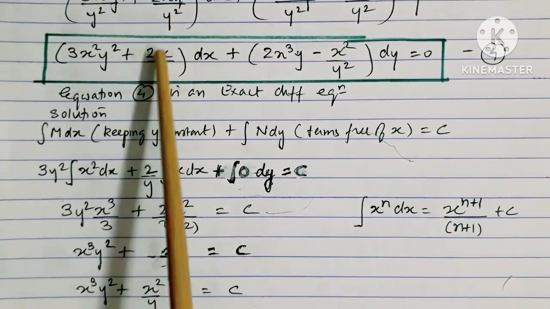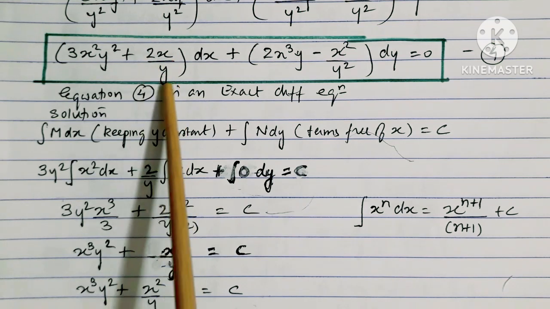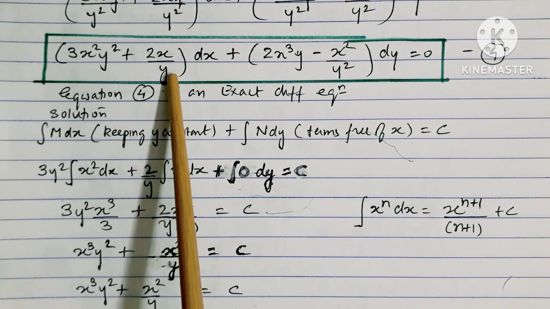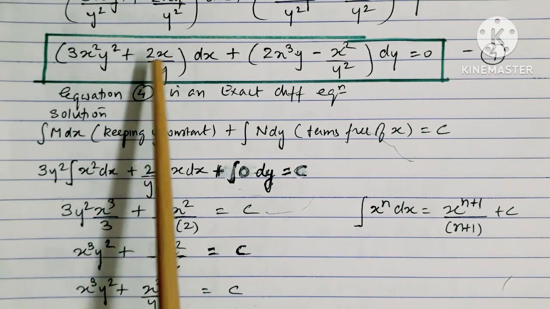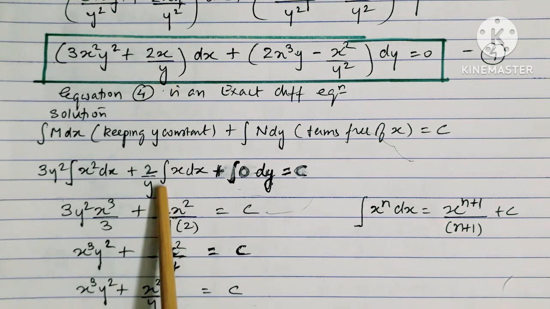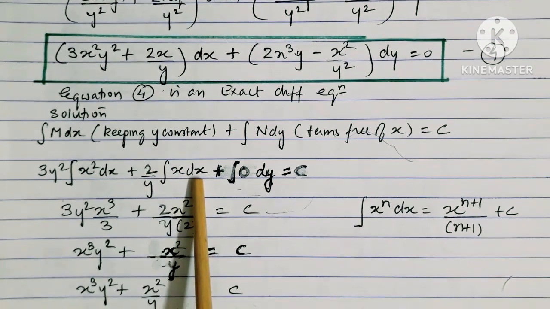Now the second term is 2x upon y. The second term has a y in the denominator and we'll have to treat it as a constant. And the 2 in the numerator is a constant. Therefore, 2 by y will be a constant and we'll have to write it outside the integral sign. So this would be plus 2 by y integral x dx.